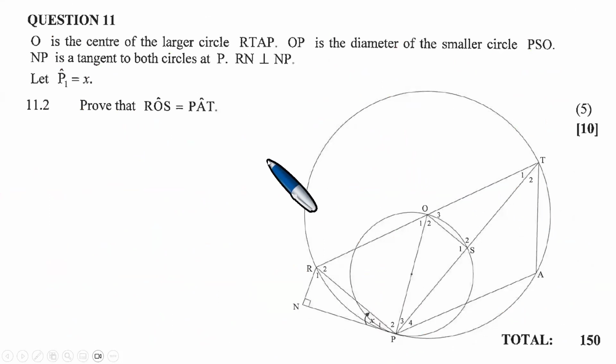In this particular question now, we need to prove that angle ROS is equal to angle PAT. Angle ROS equals angle PAT.